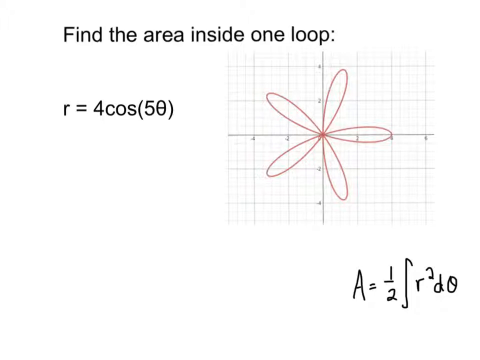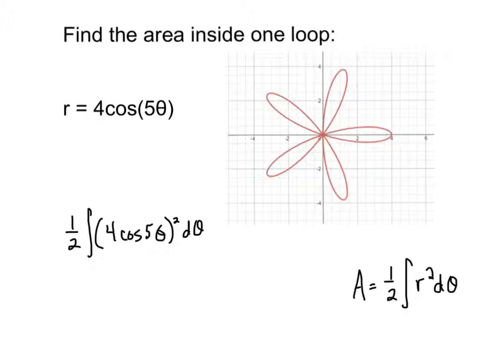Okay, so for us, we're going to have 1/2 integral of (4 cosine 5 theta) squared. And I would urge you to graph this on your calculator and get a sense of the graph. We are going to, on the next example, talk about finding bounds by hand, but you have some options here.